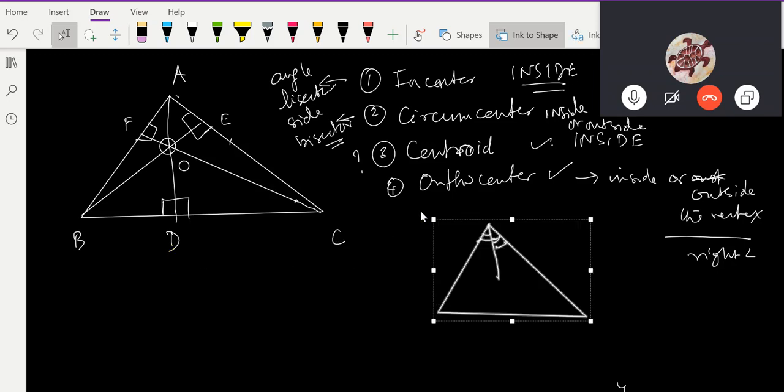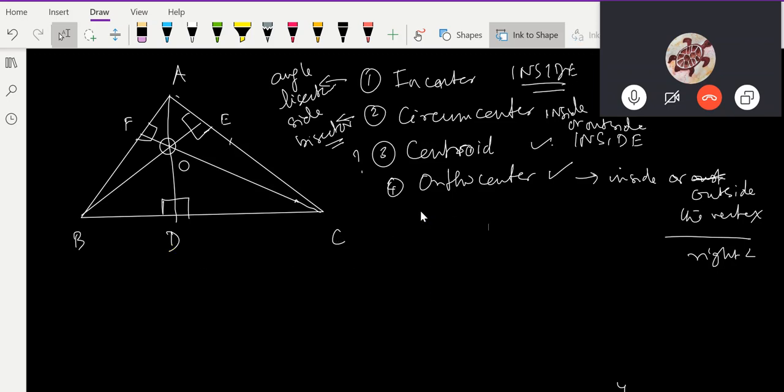Can the circumcenter lie on one of the sides? No. What happens when this is a right angle triangle?